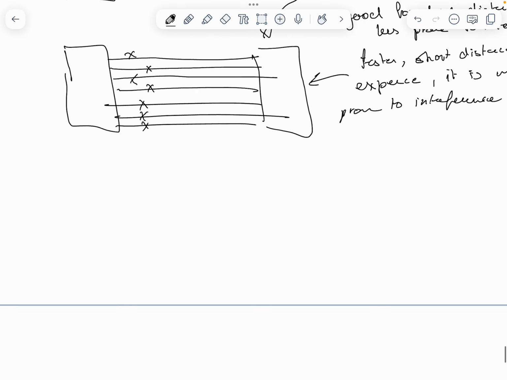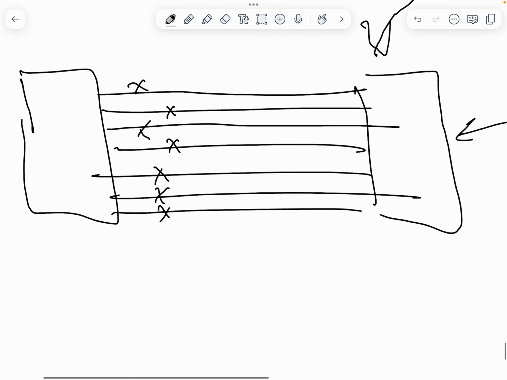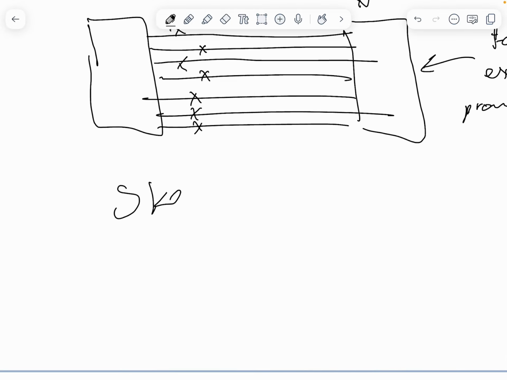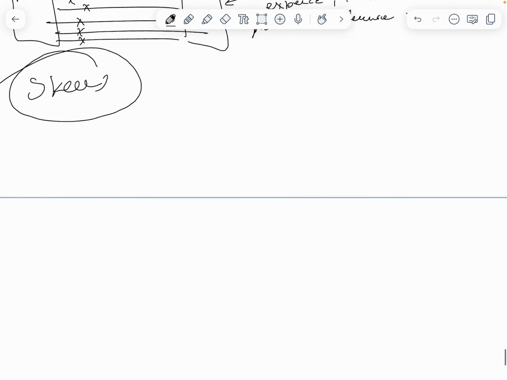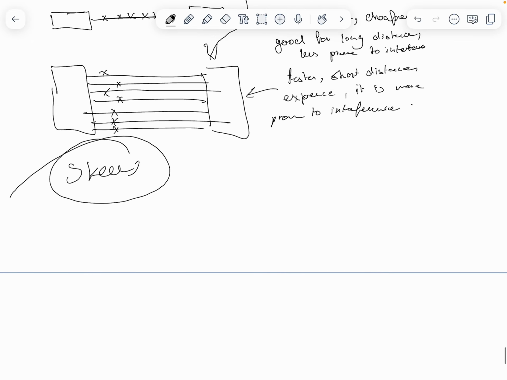Now, when I mean interference, I mean that because all of these travel in the same line, they reach their destinations at different amounts of time. You see, this bit is further ahead than this bit, and this bit is further behind than this bit. This means that they reach at different times. This is what we call a skew. Skew is a very key word in Cambridge, and it's very important to use during this topic.